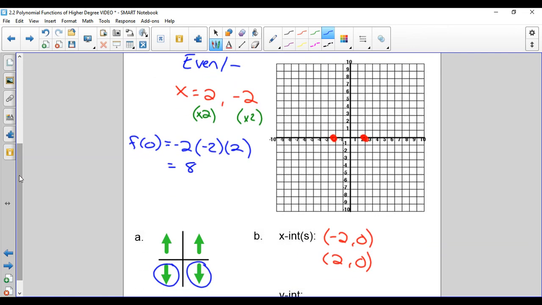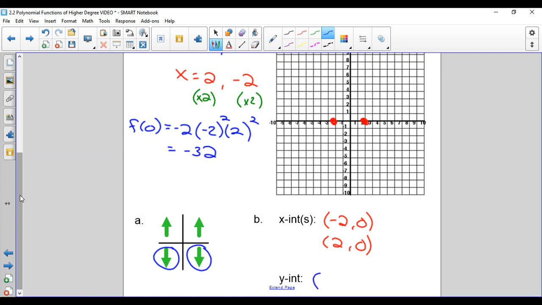Sorry, we square, we end up with a negative, so 4, 16, negative 32, which won't show up on the graph. That's okay. I still want you to identify it though, please. All right. So we draw our curve: start down, go up, bounce off negative 2, go down. Now, we know our y-intercept's at negative 32, so we could go all the way down here if you want. But we have to go back up at some point and bounce off.